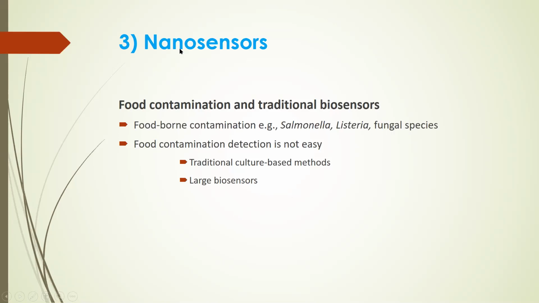Nanosensors are nanomaterial-based sensors that can detect a very small amount of contamination in the form of odor, the production of gas, or a change in taste inside the large food lot. This minute change in odor, color, or flavor can be detected by nanosensors, which are more sensitive than the traditional large biosensors.